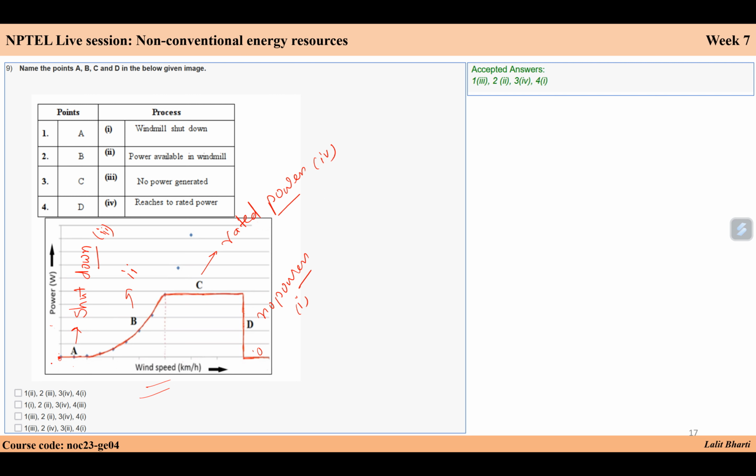So we have A third, B second, C fourth, and so the third option is correct.